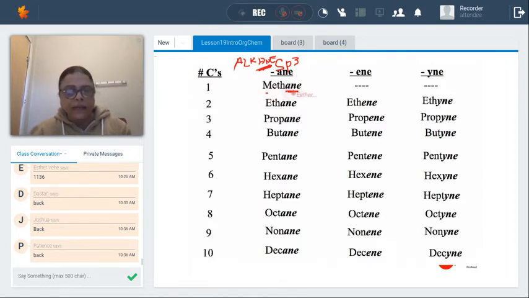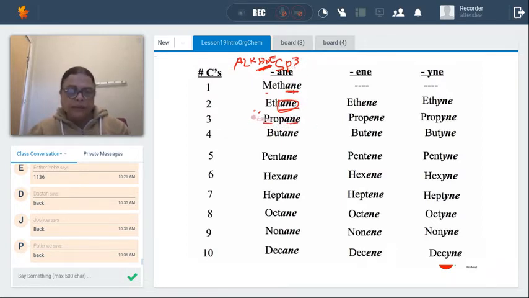So metan means a molecule with one carbon, all single bonds. Etan means a molecule with two carbons belonging to the alkane family, sp3.